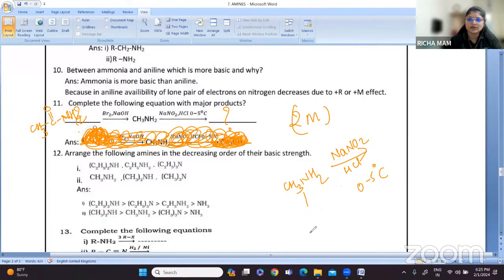If I do a diazotization on aniline, this will be the diazonium salt, N2+ Cl-.